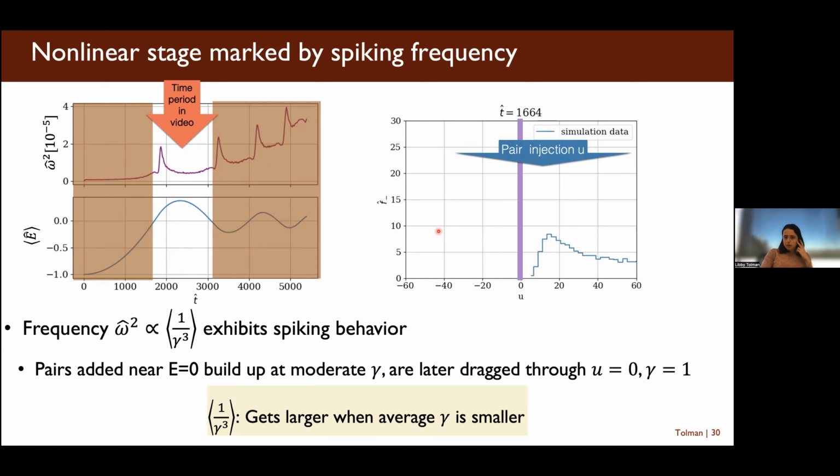I have a movie of how this distribution function behaves in the time period in white on the right here. I will play this movie once, and then we'll play it through again and discuss it. I think I've got to change my cursor to do this. Okay, there we go. I'll play this through once and then we can discuss it.